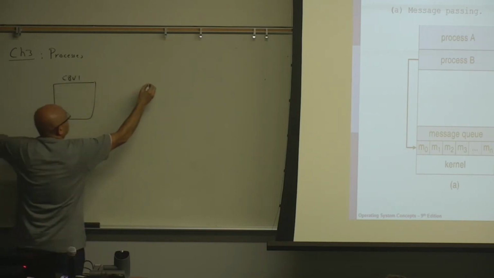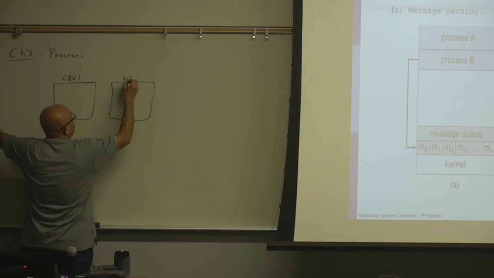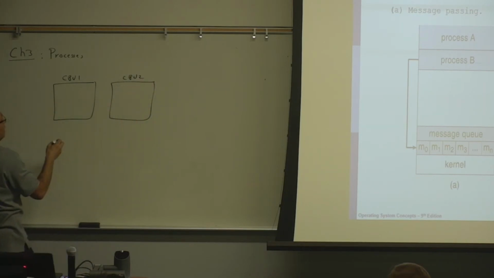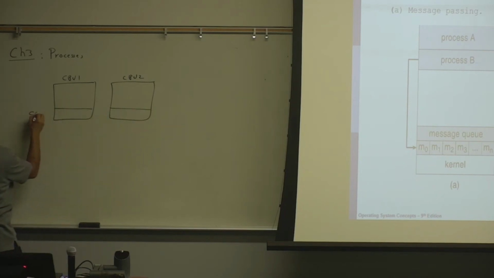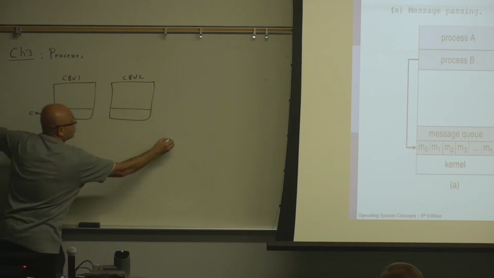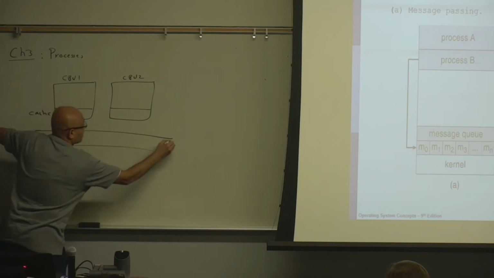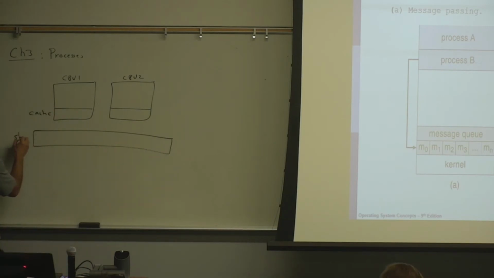Because if you have CPU 1 and CPU 2, each CPU will normally have its own cache. So this is the cache, and this is shared memory. This is a multiprocessor system. Each CPU has its own cache, and there is shared memory. Okay?